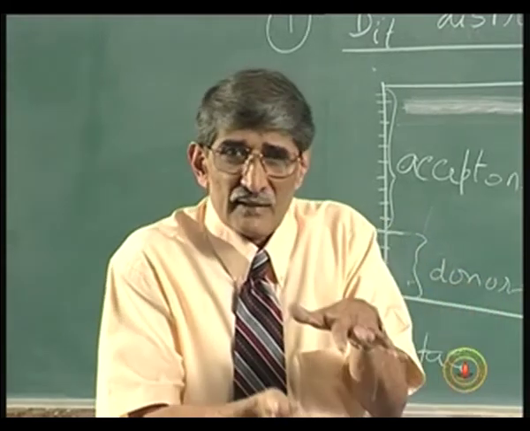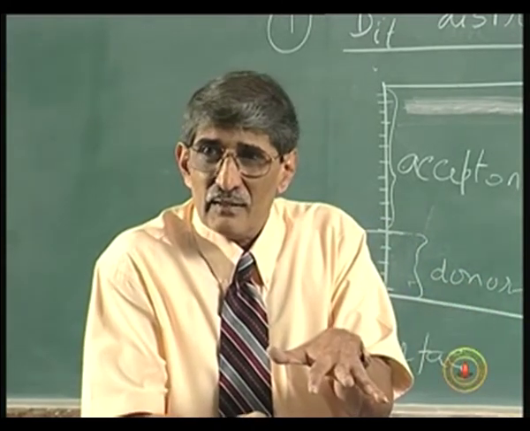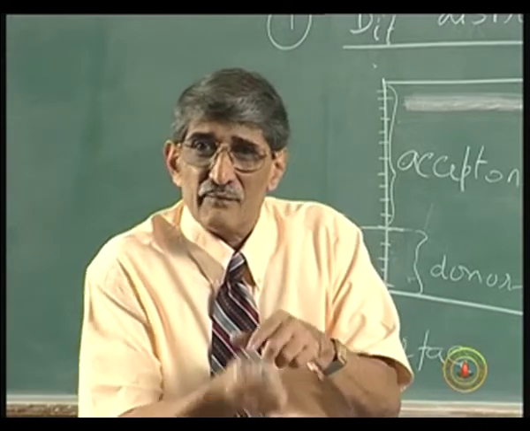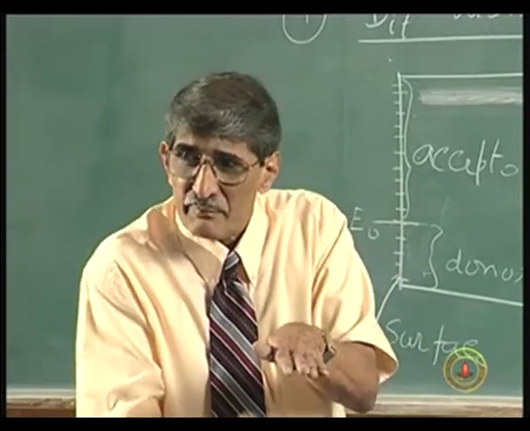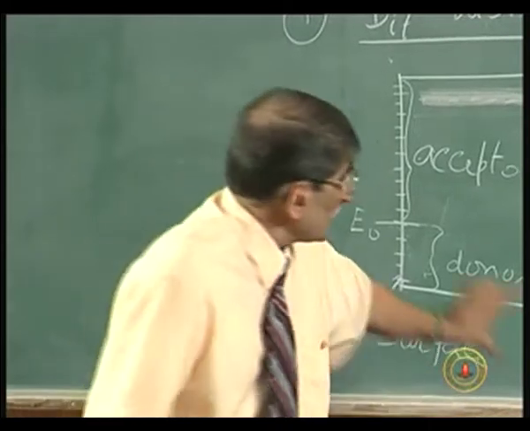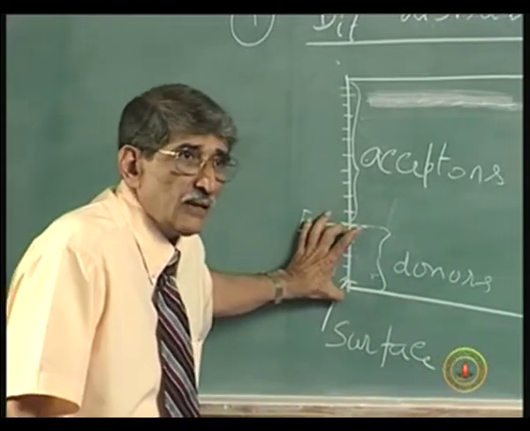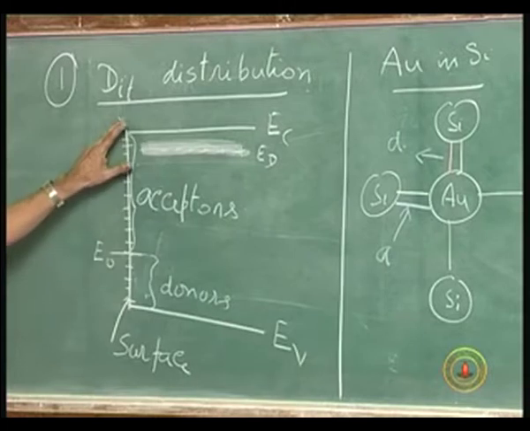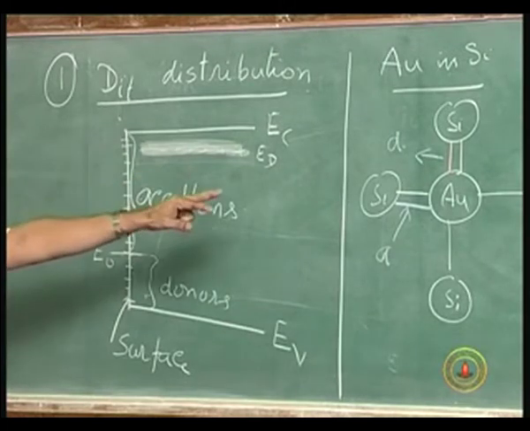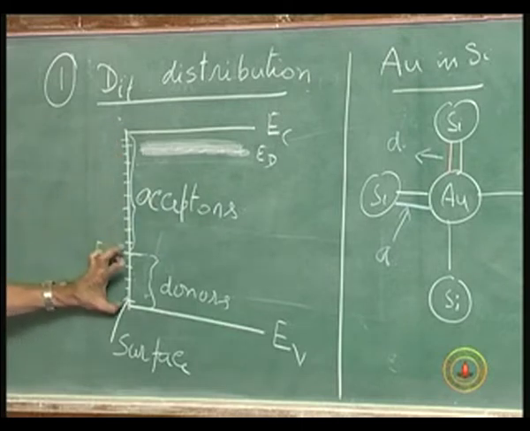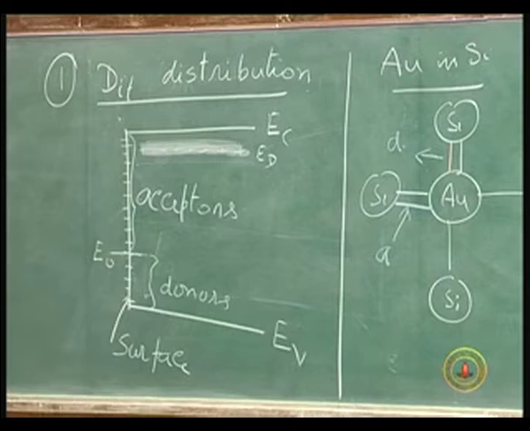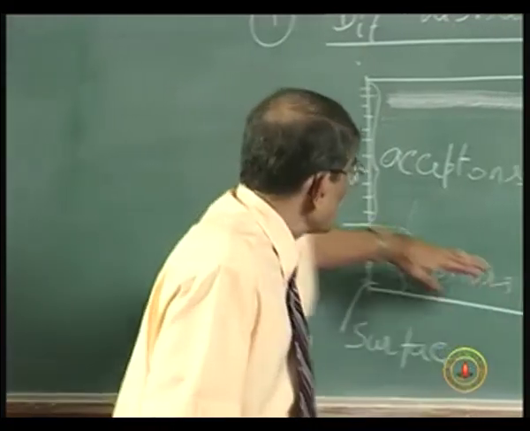If only one is donating, it will have one level. There are hundreds of thousands of them donating, so they spread into a donor band, and all the acceptor levels are above that, exactly the same situation. So, you get a donor band and an acceptor band, separated by a neutral level.